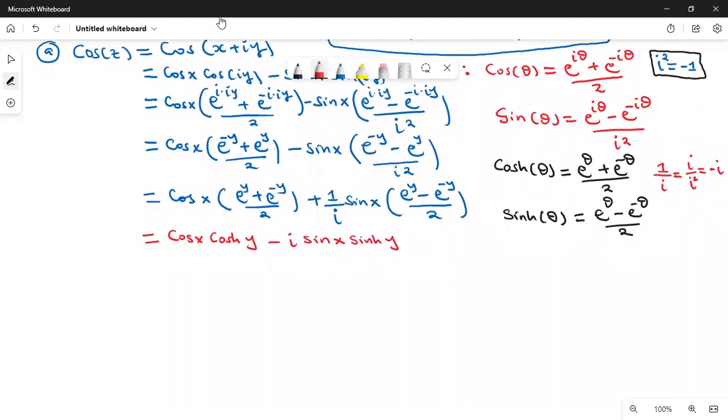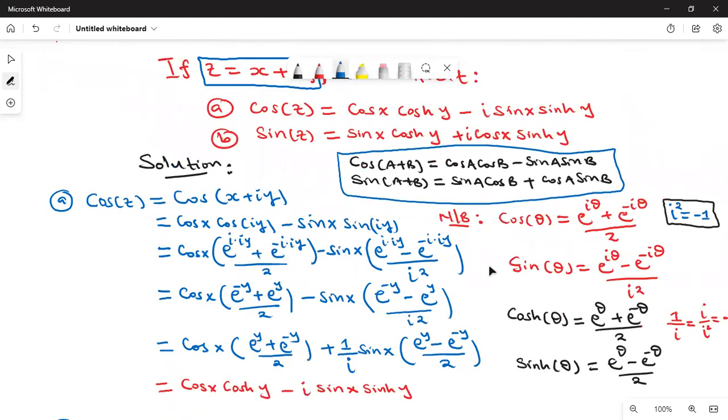So we are going to write part B. Part B, you write sine of z is the same as sine of x plus iota y. Now use the expansion for sine A plus B. Look at it, let me take you up.